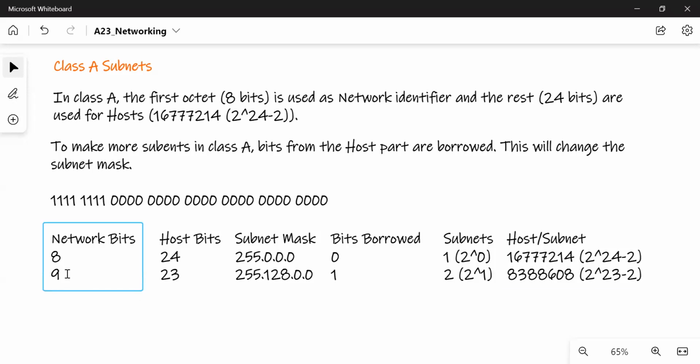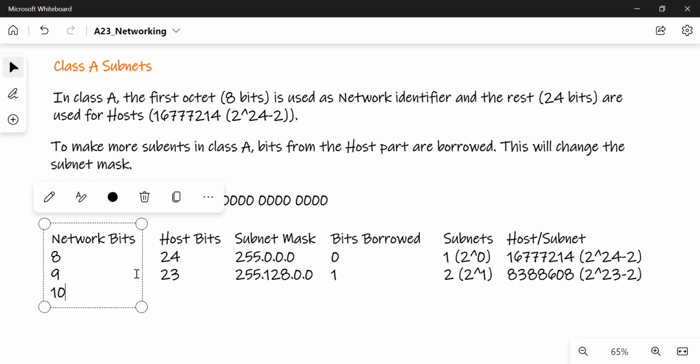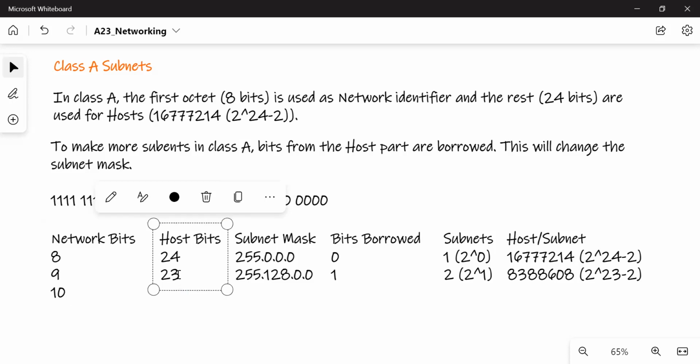So when you borrow another bit from the host bits, the network part becomes 10 bits. Since we have borrowed, host bits reduce to 22 bits.